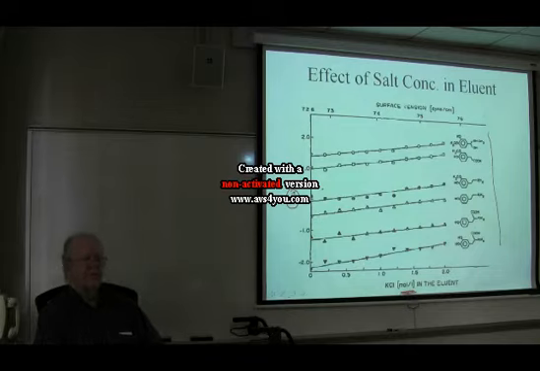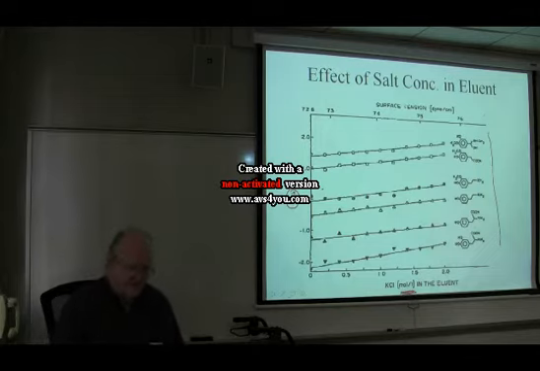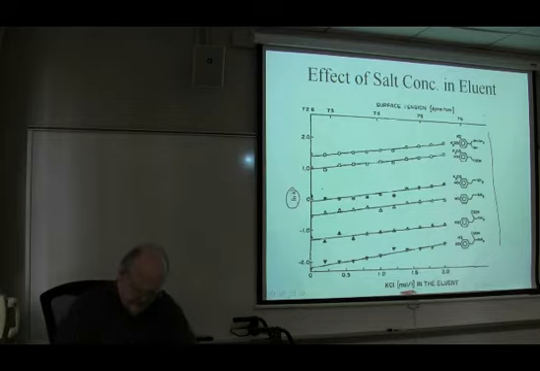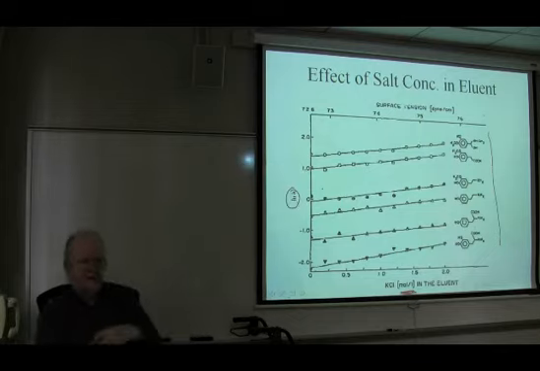We almost never have anything like this amount of salt in small molecule chromatography. The effect of the added salt on small neutral compounds is not big. It's real, but it's not big. Potassium chloride is not the most effective salt, if you're trying to make this happen.